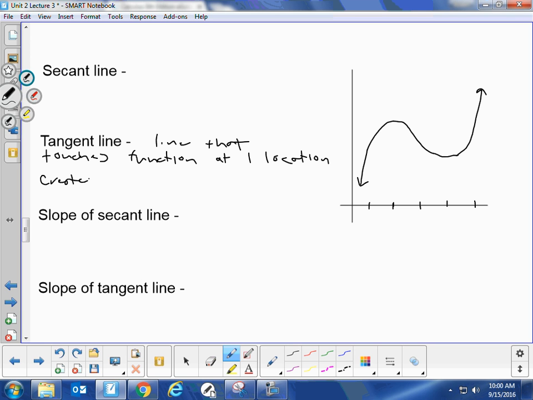So I say created by connecting and extending 2 points infinitely close together.